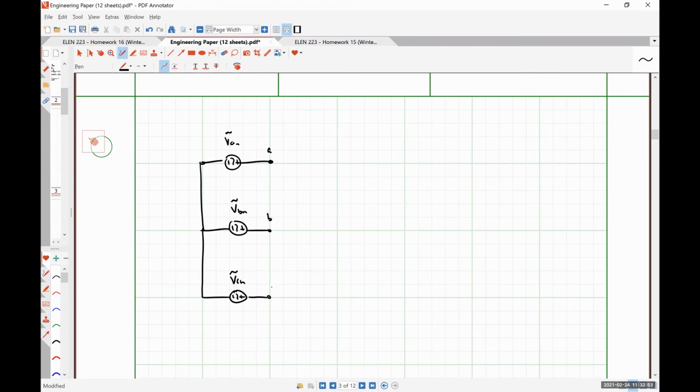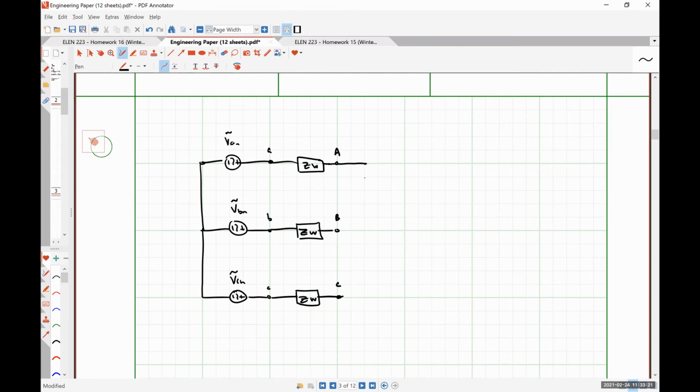A, B, C. Because this is a Y in parallel with a delta, it's going to be a smidge wonky.